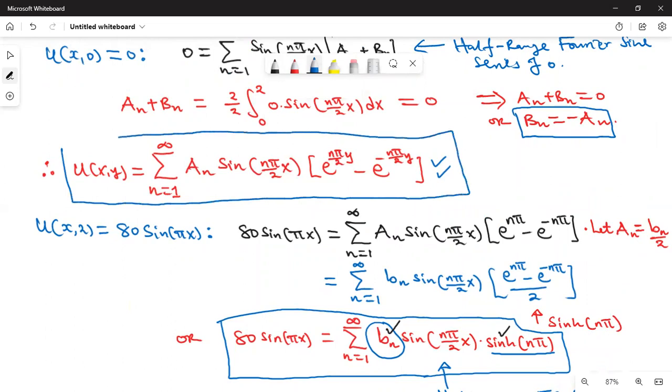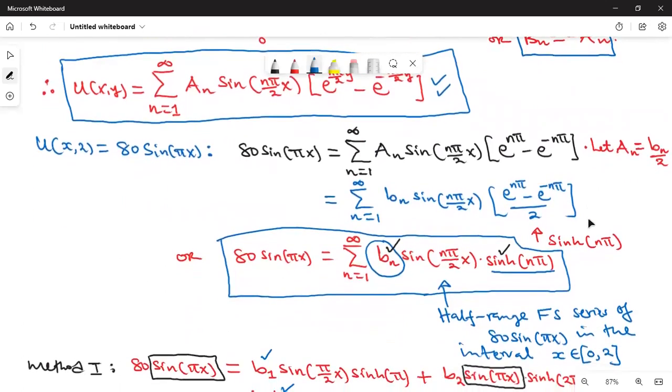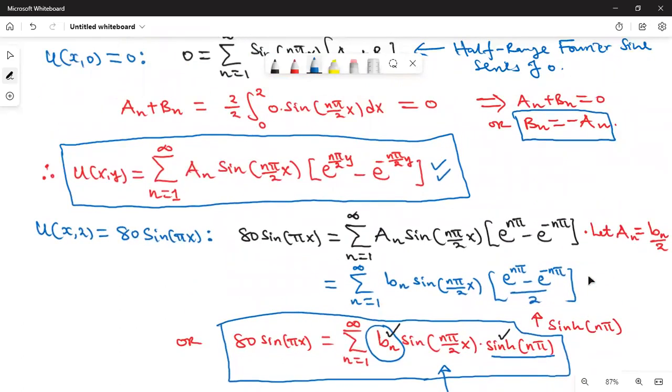So here it is only B2 that exists, the rest are zeros. So even the summation will not even be there because it's like we are having 0, which corresponds to B1, plus that corresponding to B2, plus other zeros. So let's call this equation star star so that we can refer to it easily.